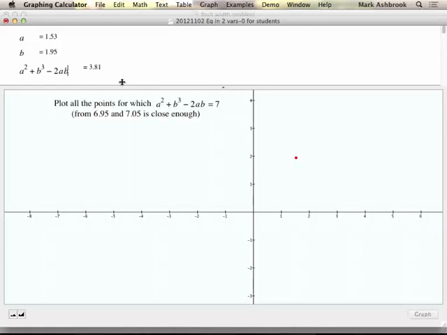I have this expression here, a squared plus b squared minus 2ab. A stands for the x-coordinate of the point, and B stands for the y-coordinate of the point.